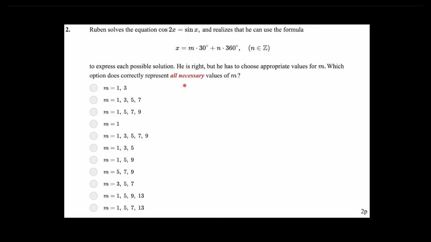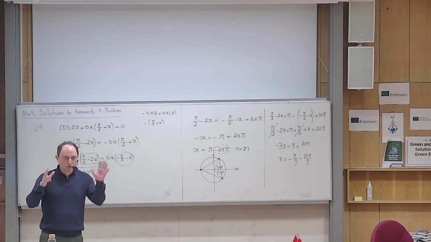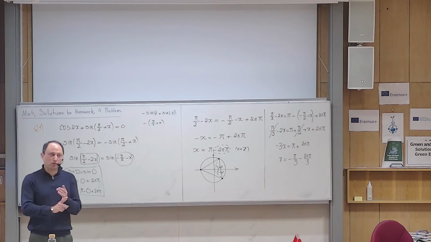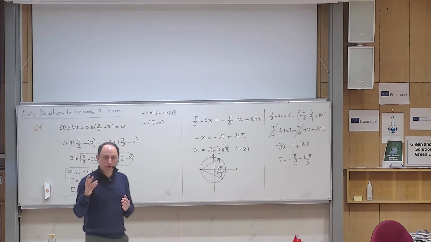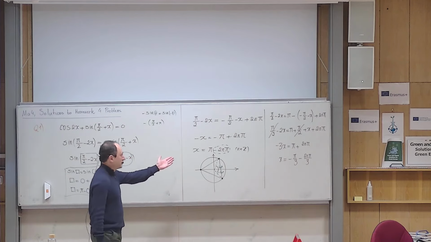So it means that if Ruben solves this problem, you can solve this problem and find different answers. But the point is that I want to see how many of you can combine those formulas that you get into a formula like this. Okay? I just want to test your understanding not only on trigonometric equations, but also on what we talked about, that sometimes, for example, exactly like this.